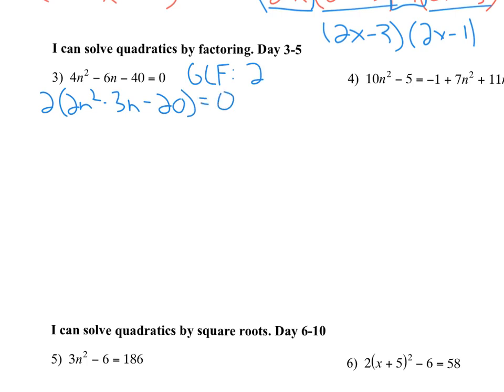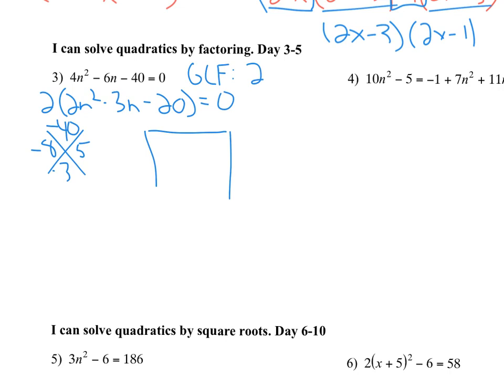And we're just looking at the inside to factor. So a times c, so 2 times negative 20 is negative 40. And then we get negative 3. So what multiplies to negative 40 and adds to negative 3? So negative 8 and 5.